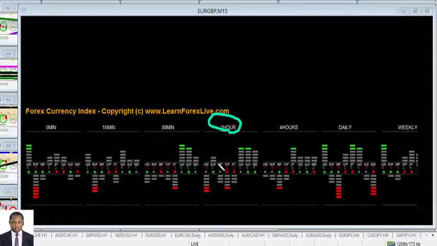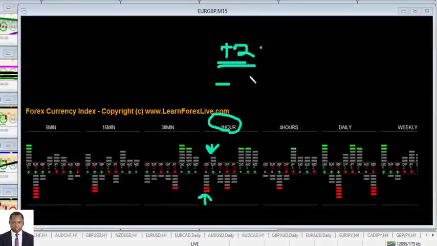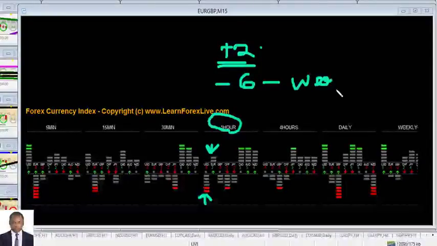One-hour time frame, euro is only +2 of strength, not so strong, but the American dollar is -6. So American dollar is really weak.